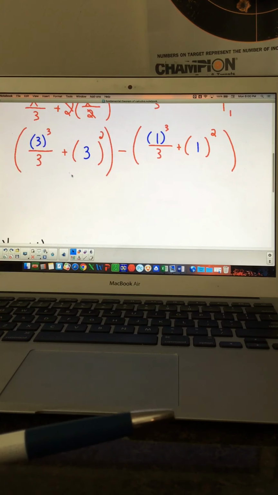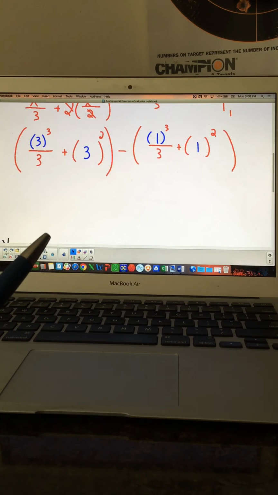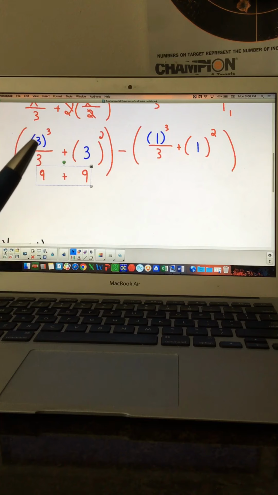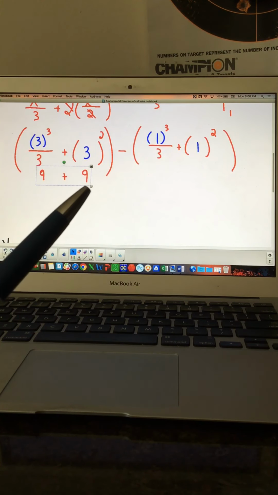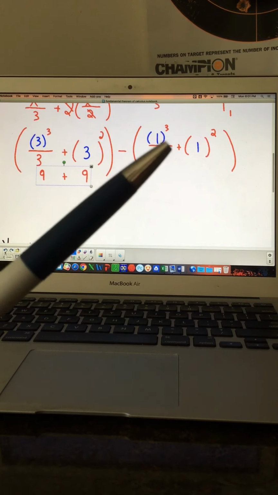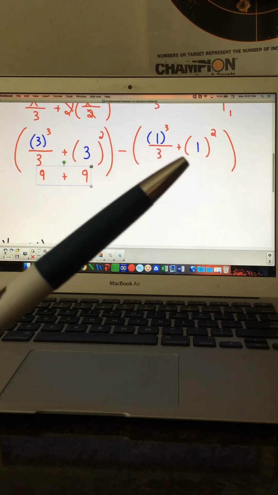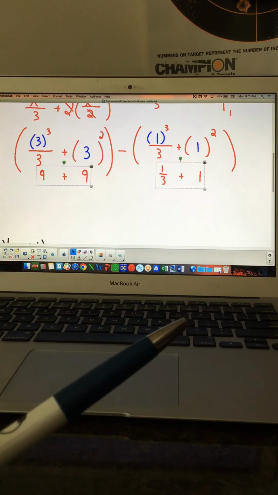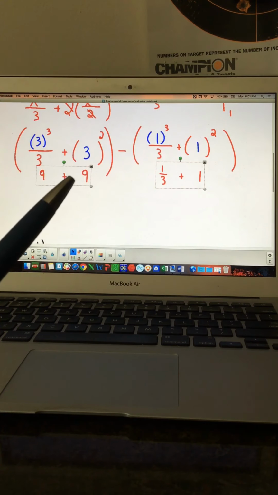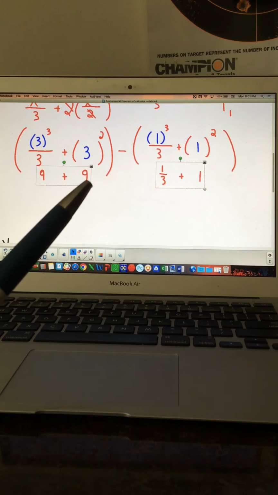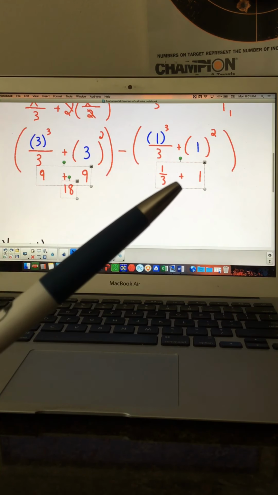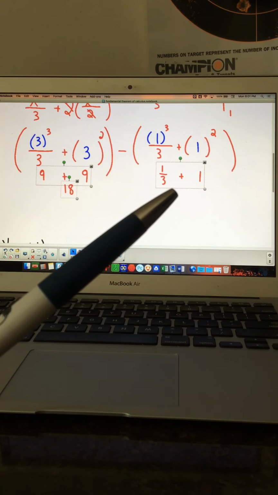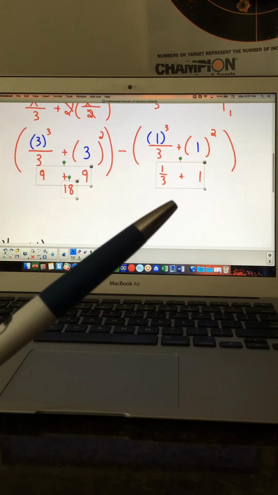So here, in the beginning, this first part simplifies to 9. 3 squared is obviously 9. And the next part, this becomes a 1/3 plus 1. We're all pretty good in here, but 9 plus 9 is 18. 1/3 plus 1, 1 and 1/3, 4/3, however you want to express it.